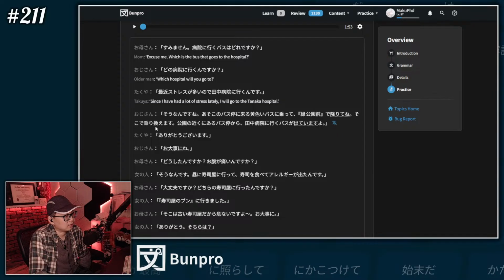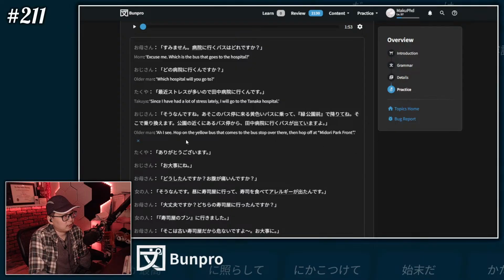Yeah, maybe this is norikaimasu, so you transfer there, and then from the bus stop there, near the park, the bus will arrive at the hospital.